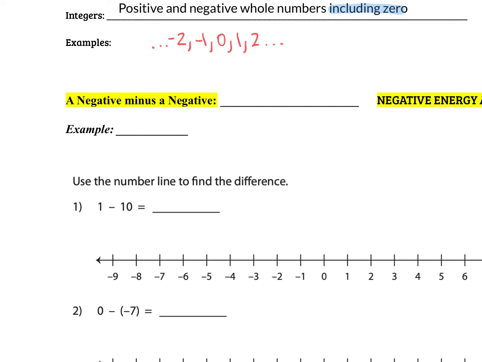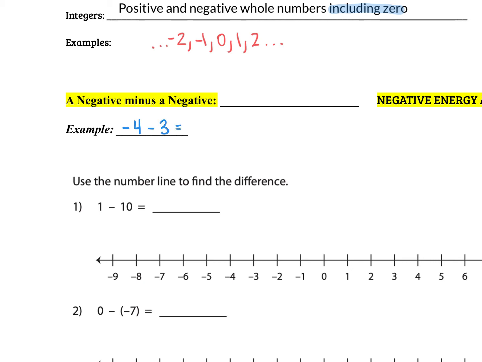Okay. A negative minus a negative. So let's give an example of that. If we had -4, oops, let me write my example down here. -4 minus 3.